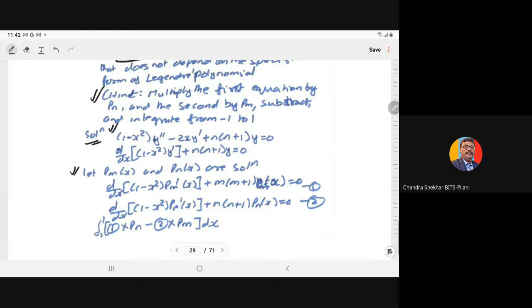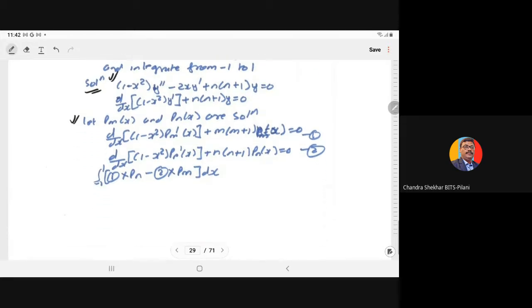Let Pm and Pn be solutions of the following equations: d/dx of ((1 minus x square) Pm dash) plus m into (m plus 1) Pm is equal to 0, and d/dx of ((1 minus x square) Pn dash) plus n into (n plus 1) Pn is equal to 0, respectively. Right?